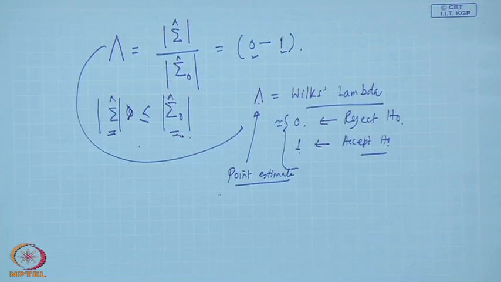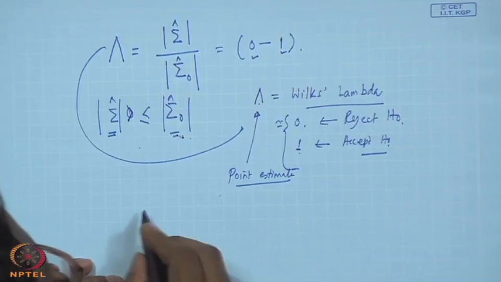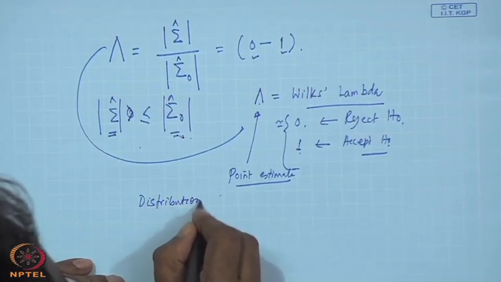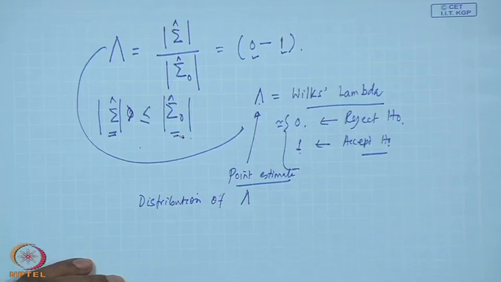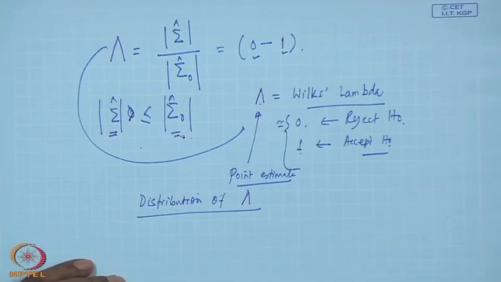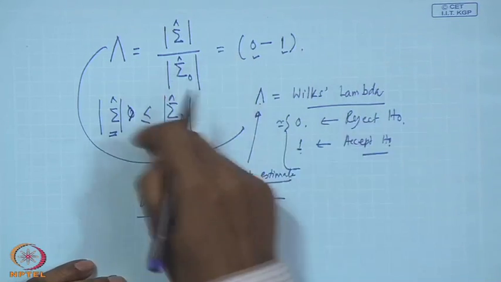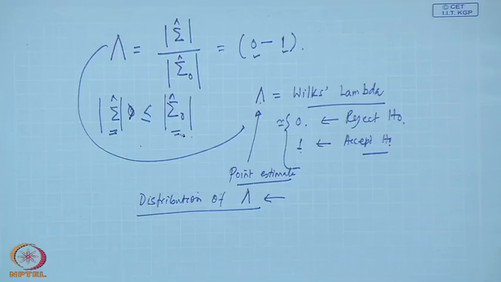So, as a result what is required? We require to know the distribution of what? Distribution of lambda. This is very important, correct? But lambda computation is complex. You see that so much of, first of all, SSCP matrix, full model, reduced model, then if P is very large, Q is also large, then in that case what will happen?